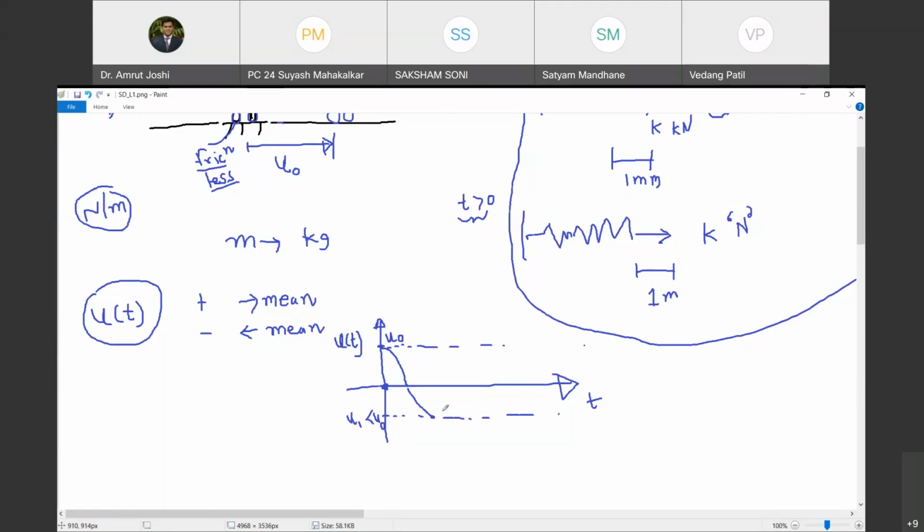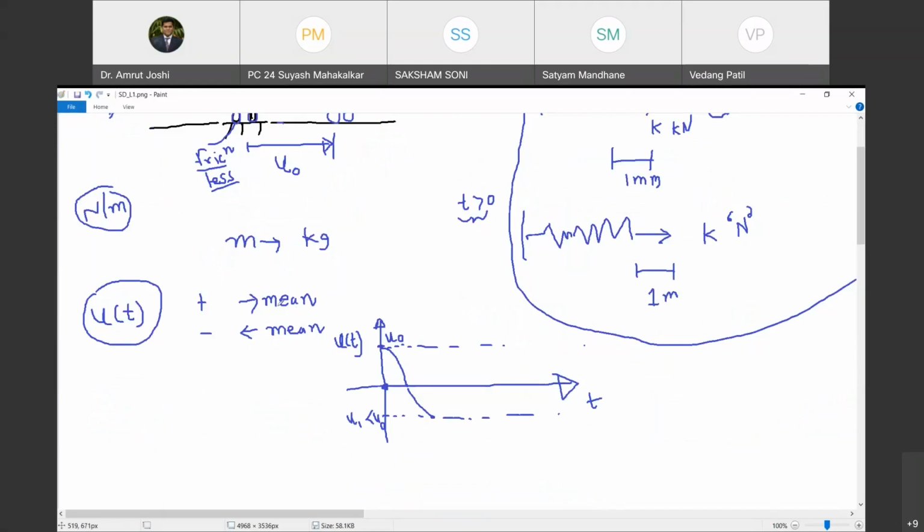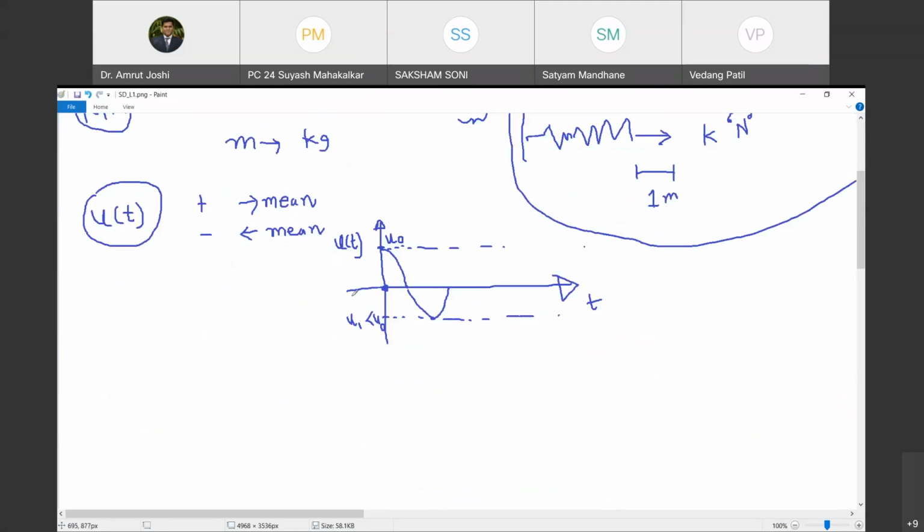After this, it is going to start moving towards right once again. So u of t will go on decreasing and become 0. Now it will continue to move on the right hand side of the mean position. But will it reach u0? Will it reach up to u1 on the other side, or less than u1? Sir, less than u1.